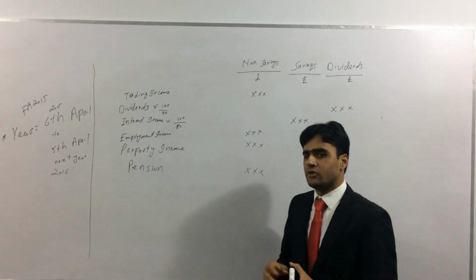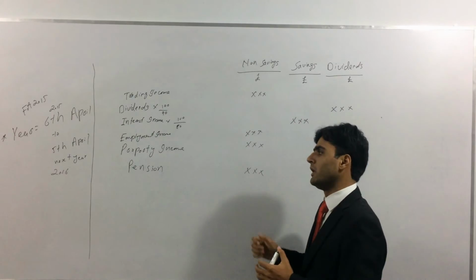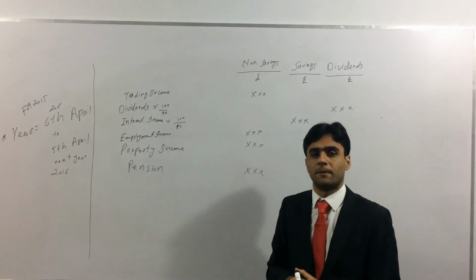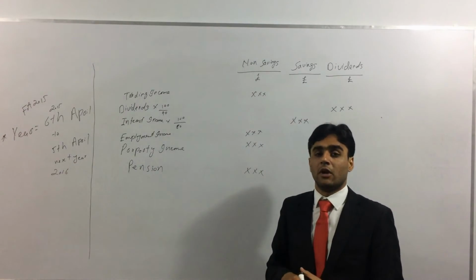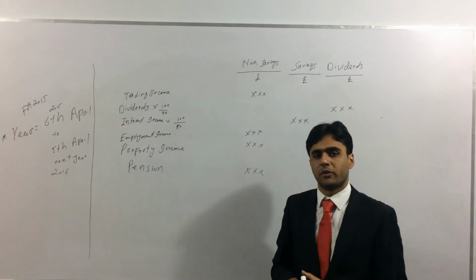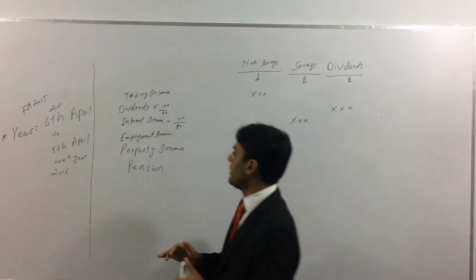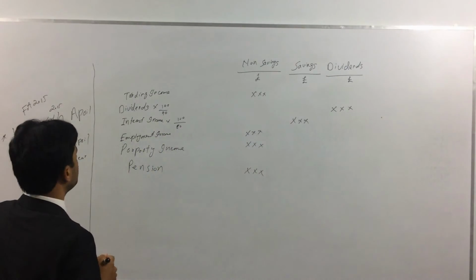But we will see later what benefits the government gives you if you put some money into the pensions, because the government likes it. Now, if the government likes it, then definitely it is going to give you some benefit if you put some money into the pensions, right?